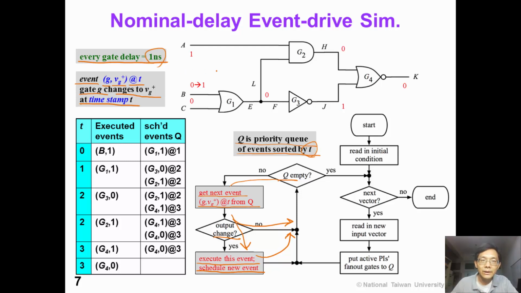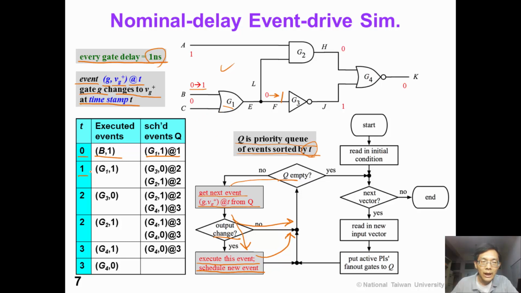Okay, given the same circuit and the same test pattern, now let's show this simulation one by one. At timestamp t equal to 0, we have a primary input change at input B, which will schedule an event G1 output to be 1 at time 1, because the gate delay of G1 is 1.